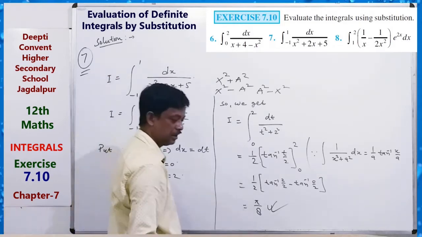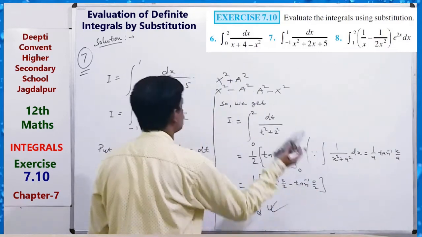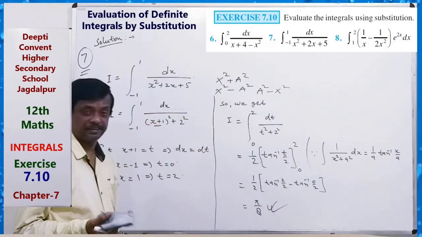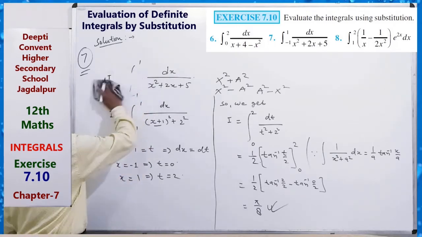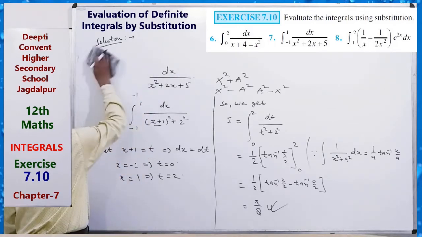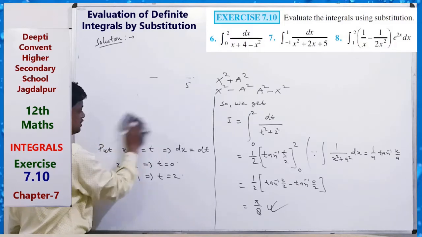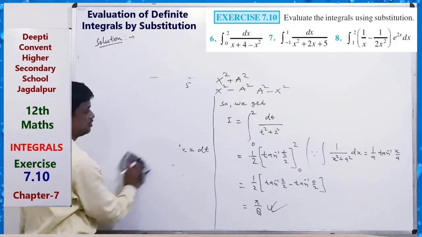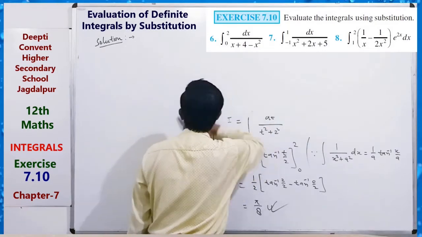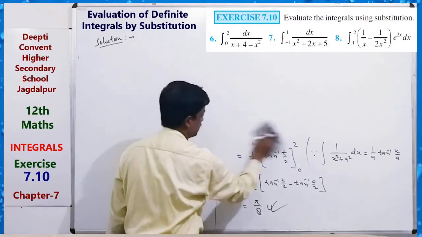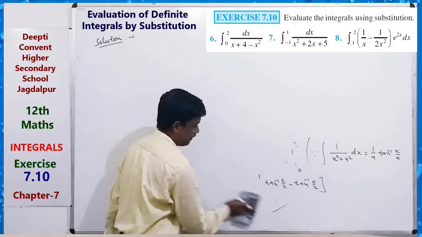Then get the result like this. This is the solution of question 7. Question 6 is just the same type, so do question 6 by yourself.